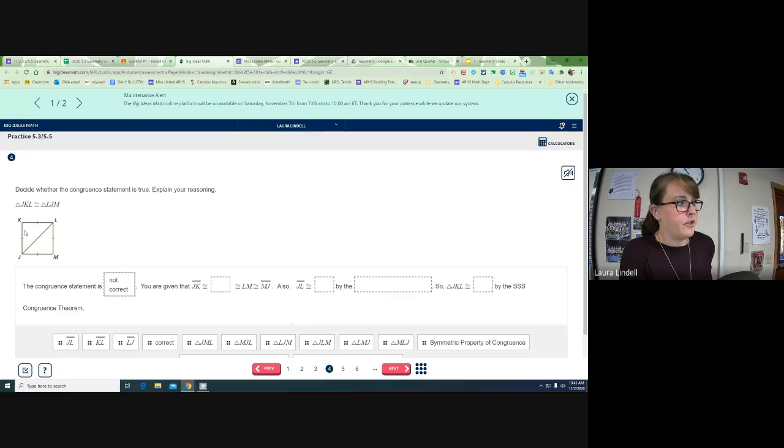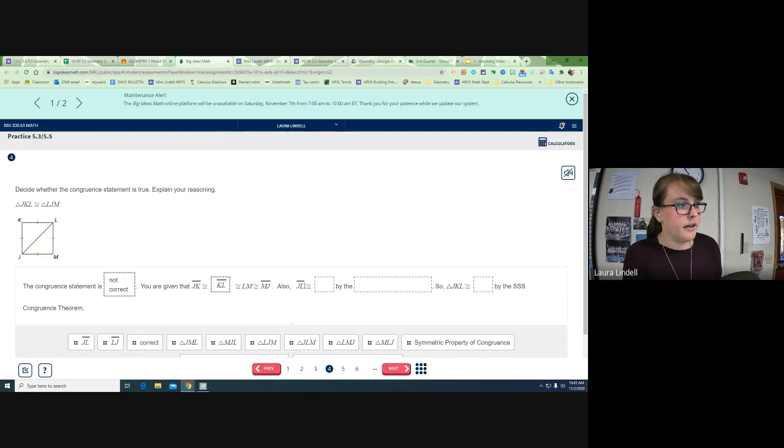But we are told that JK, KL, LM, and MJ are all the same length. So that's what it's talking about next. You are given that JK is congruent to LM and MJ, and then we have to pick the fourth side that is missing there. So we had JK, KL, LM, MJ. So KL is the one that's missing here. Then it talks about JL. Remember, that's the side that we would label kind of in our head as being the same as itself, because it's a shared side, right?